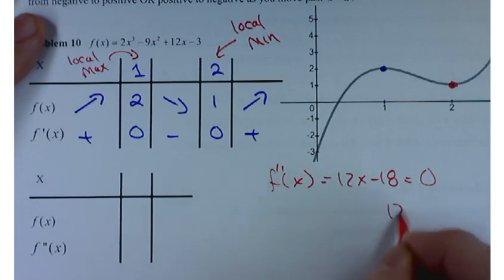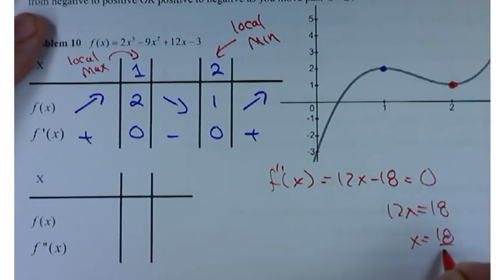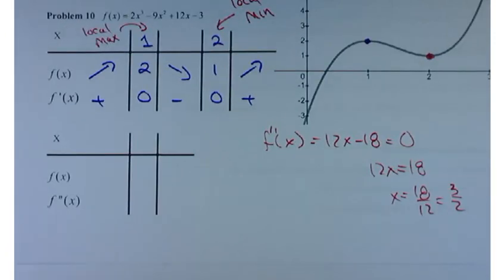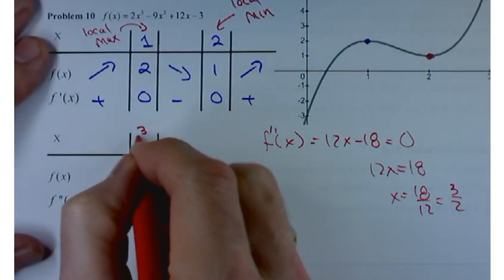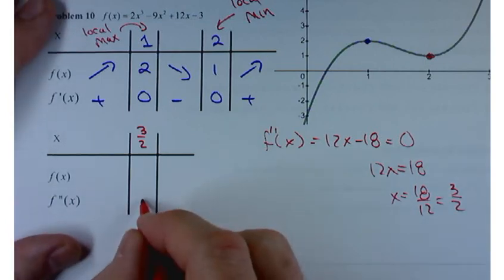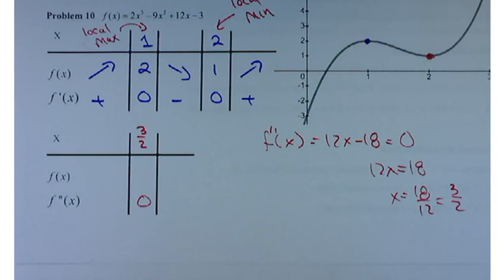So that's going to be 12x equals 18, or x is 18 over 12, which is 3 halves. So that's our point of interest for the second derivative, 3 halves. At x equals 3 halves, the second derivative is 0.